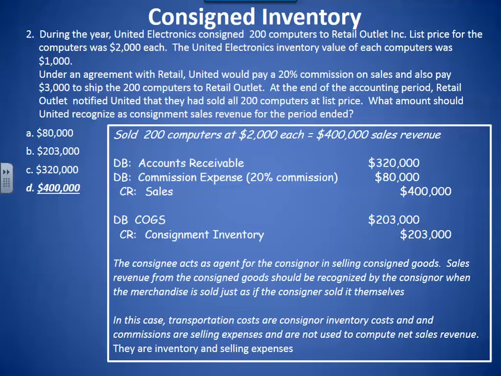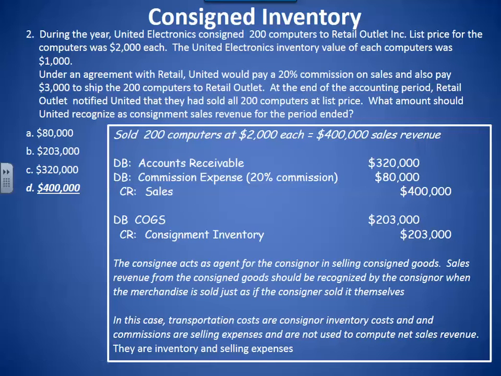In this case, the answer is D, $400,000, and here's how we arrive at that number. The retail outlet sold, on behalf of United Electronics, 200 computers at $2,000 each. That means a total sales revenue of $400,000.